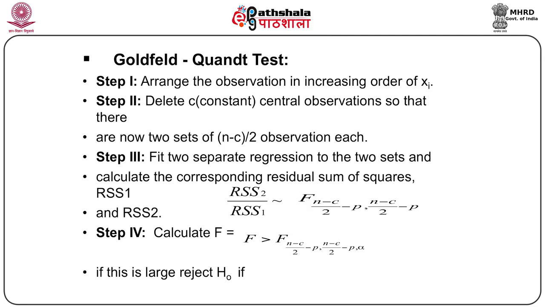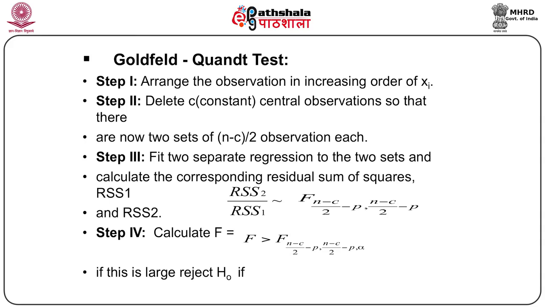In the fourth step, we calculate the F-test statistic, which is given by the residual sum of squares for the second model over the residual sum of squares for the first model. This F statistic follows an F distribution with degrees of freedom (n minus C) divided by 2 minus P, and (n minus C) divided by 2 minus P. If this F statistic is large enough, we reject the null hypothesis of homoscedasticity.